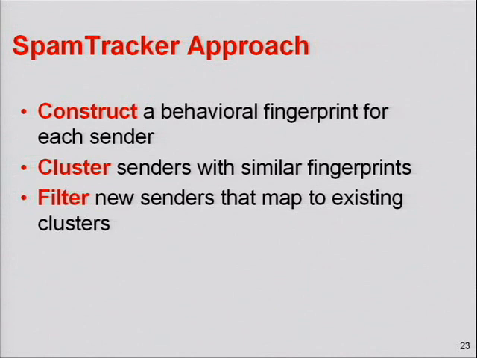And then if I can identify a group of those as being bad, then if I see a new sender, say it's a completely new IP address, well, that doesn't matter. If it somehow behaviorally is similar to something I've seen before in one of these bad gangs, then I can just say, OK, this is probably bad. I don't have to wait for reports of this particular IP address being up to no good.